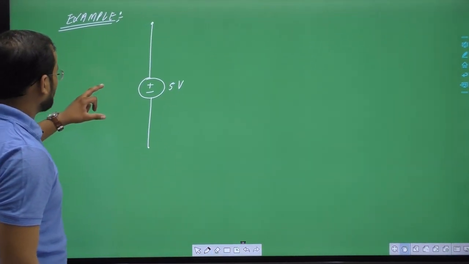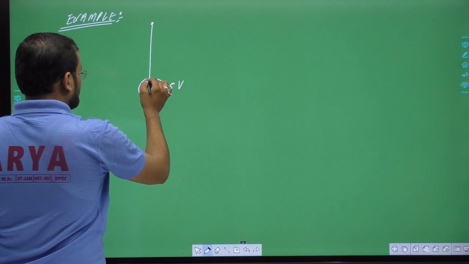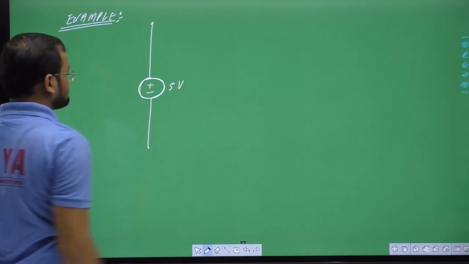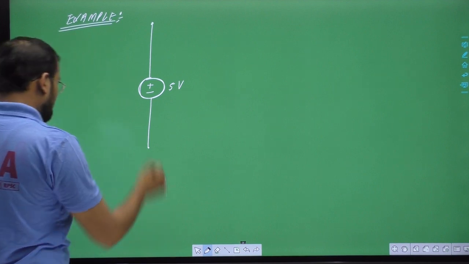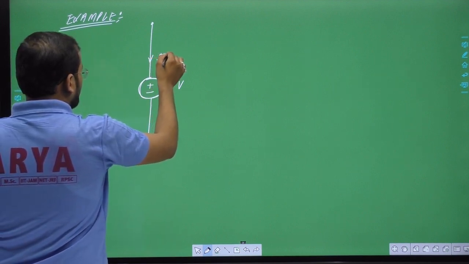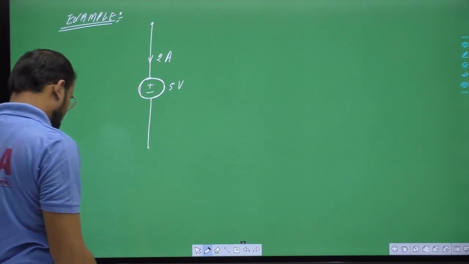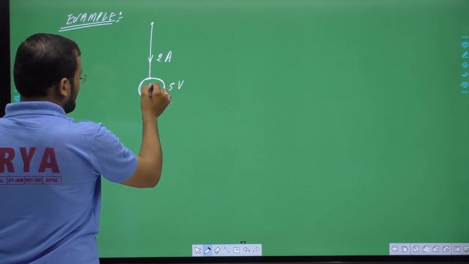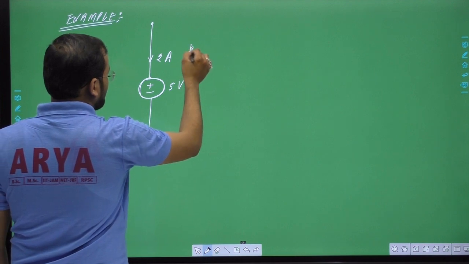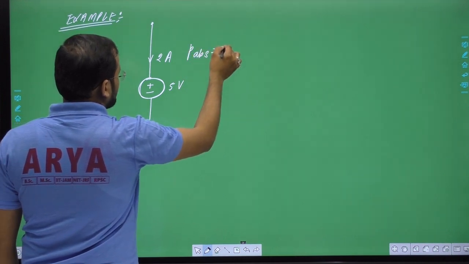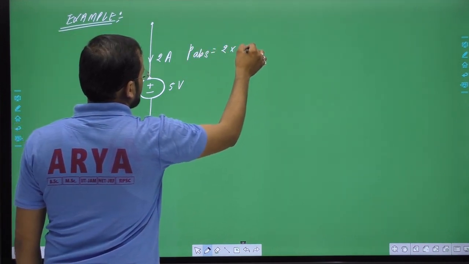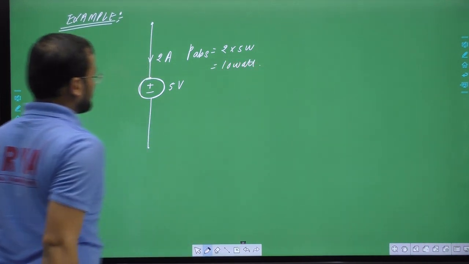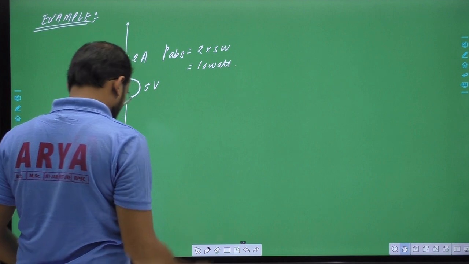So we have to be clear about polarity and voltage. If 2 ampere current is entering into the positive terminal, then we will say power is absorbed and the value is 10 watt.